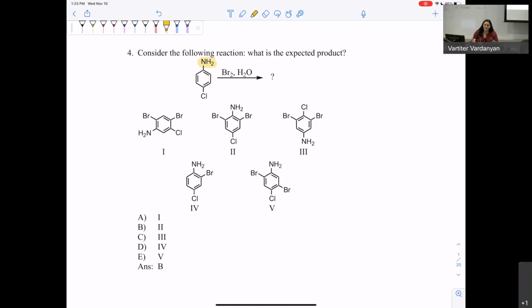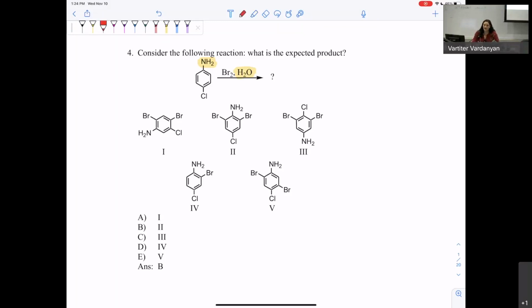Water. If you remember the trick for knowing when you're doing multiple substitutions, it's if you have NH2 and water. That's the combination that tells you it's going to be multiple substituents. If it was just FeCl3 or FeBr3, you would just add Br one time.